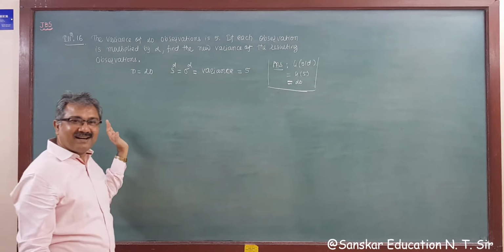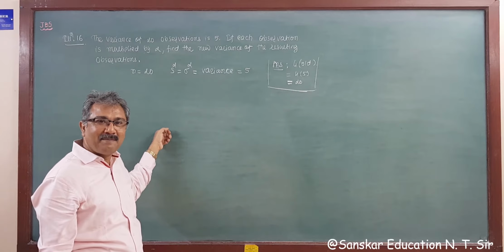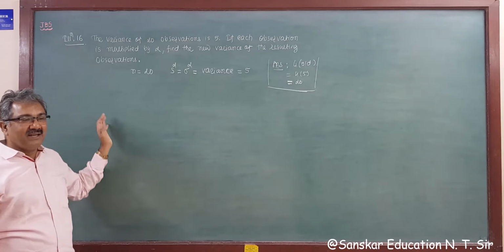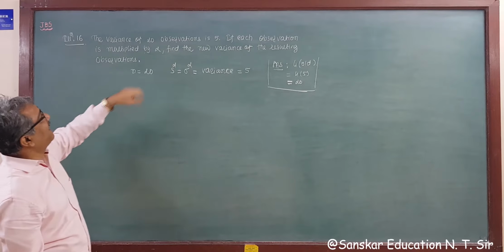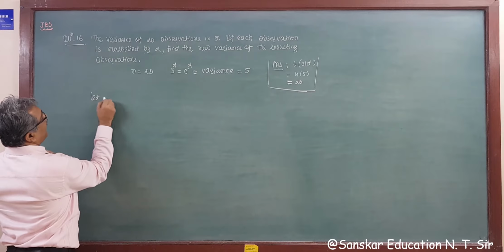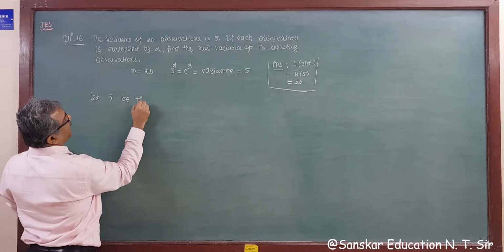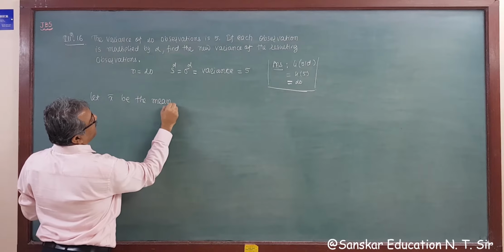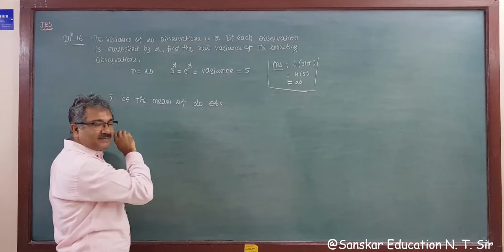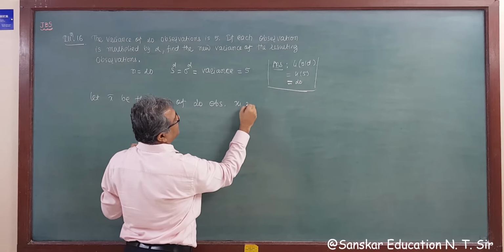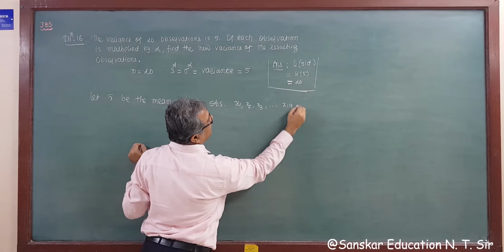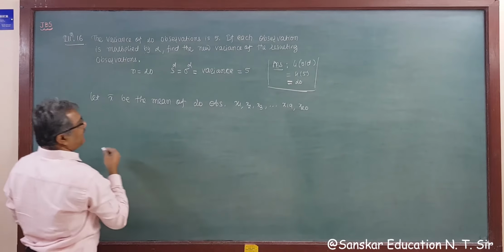So are you able to solve this independently yourself? No? Okay, let's start. Let us assume that we are given 20 observations. Let x bar be the mean of the 20 observations x1, x2, x3, up to x20.